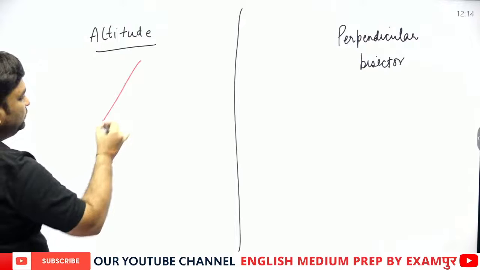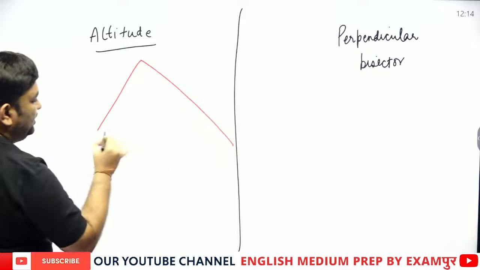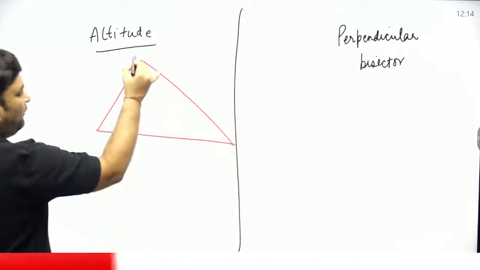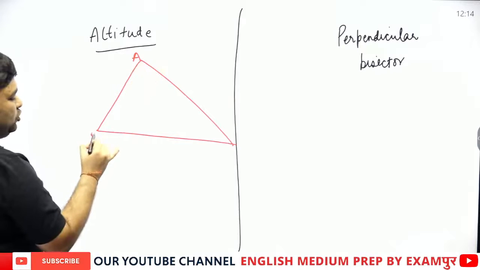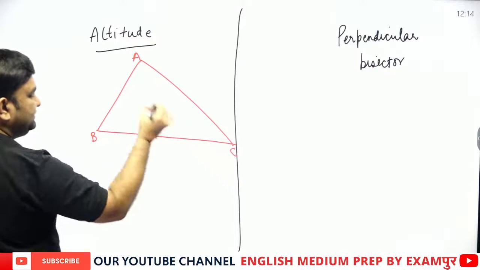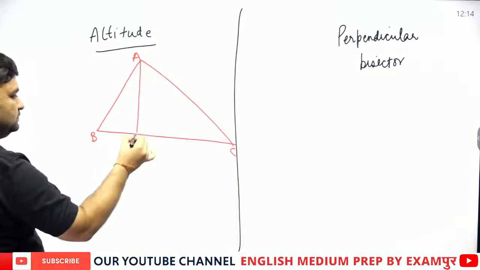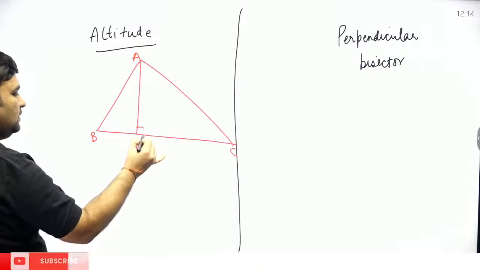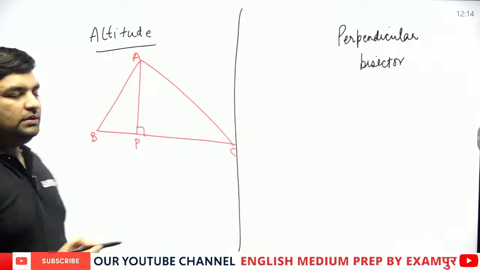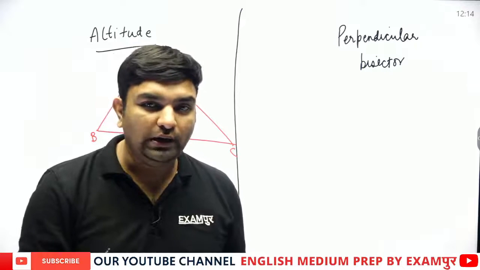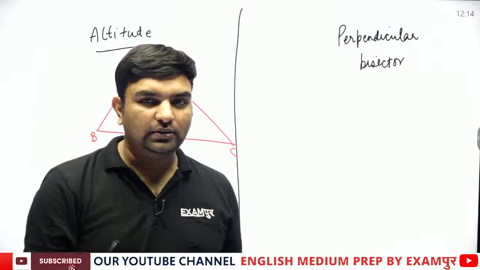What does altitude do? The job of altitude is only to make the angle of 90 degree on the opposite side.